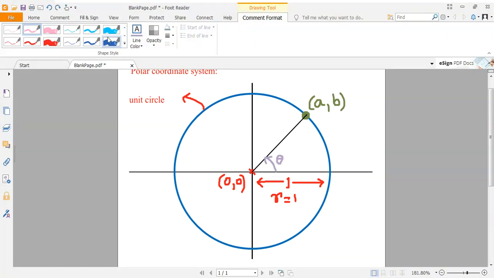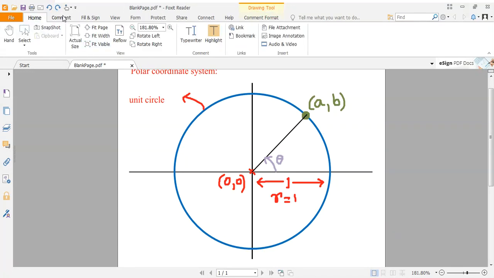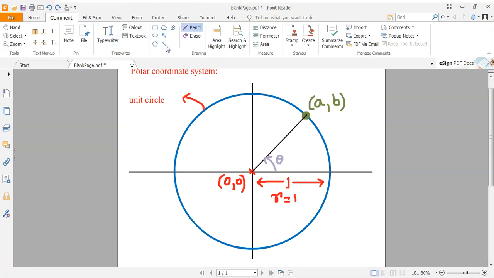Now I'll be trying to bring in the concept of trigonometry. How do I bring it in? Let's say I draw a straight line from the point of concern. The point that you had given me, the (a, b) point, let's call this point A. I'll be dropping a perpendicular from point A on the x-axis.